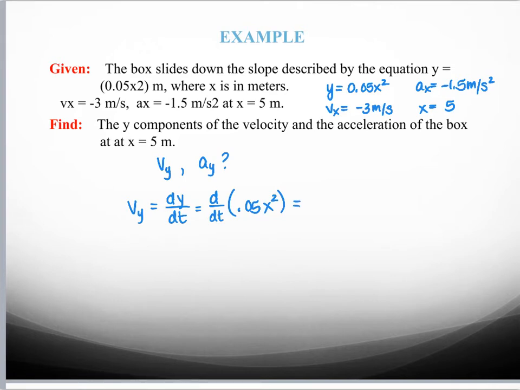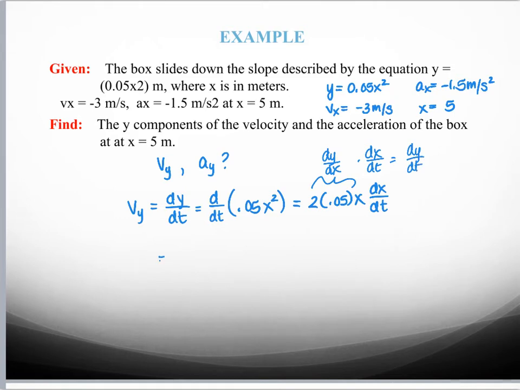So first, we'll take the derivative of this expression in the parentheses with respect to x, and that's going to give us 2 times 0.05 times x, but then we're going to have to multiply it by dx/dt, because that's using the chain rule. So this is like dy/dx, and then multiply it by dx/dt, and that gives you dy/dt.